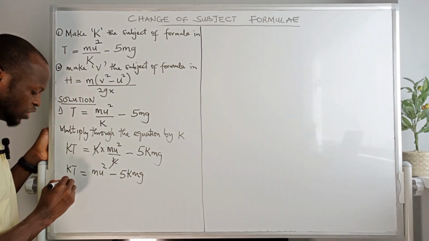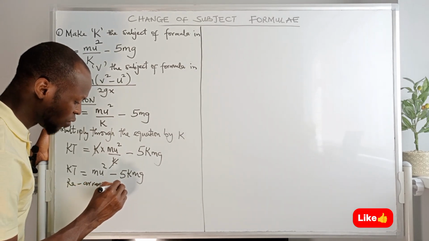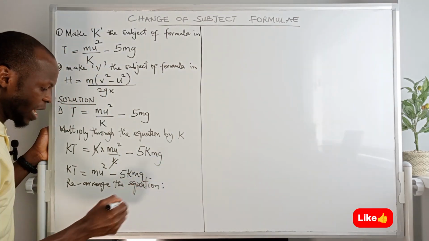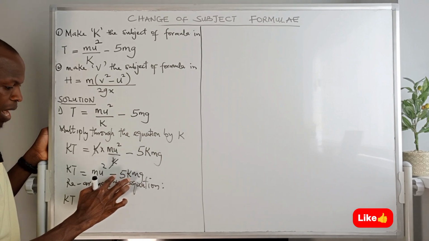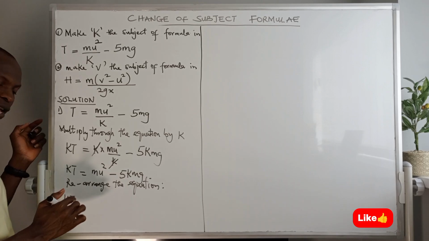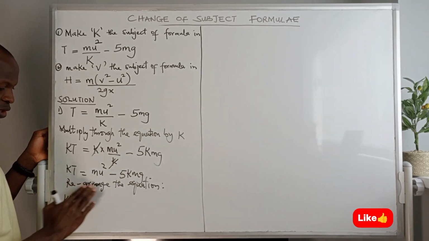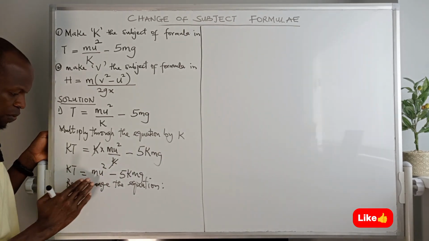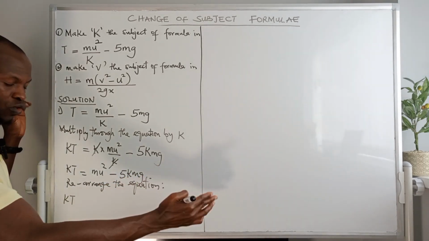So I can rearrange my equation. I have my kt. If I bring my minus 5kmg through the equation sign to the left hand side, my minus becomes plus. Some people can say add 5kmg to both sides.